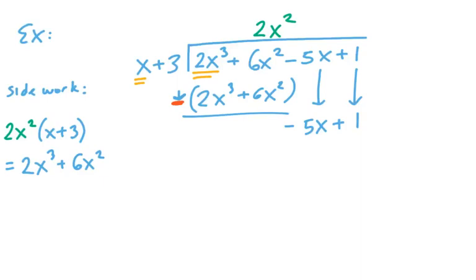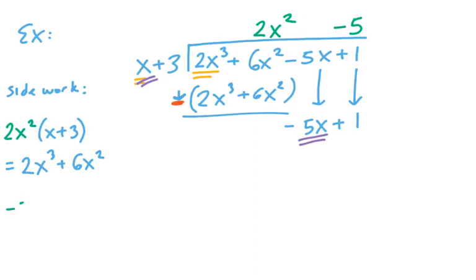Now my original question of how to make the x out front look like the term inside has morphed into how to make the x out front look like the negative 5x that I have as my first term inside. We know to multiply x by something to make it equal negative 5x will require a negative 5. So I'll pop the negative 5 up top here. There's no x term, that's okay, so I'm leaving a little blank there.